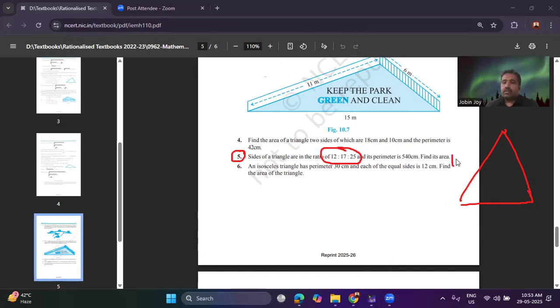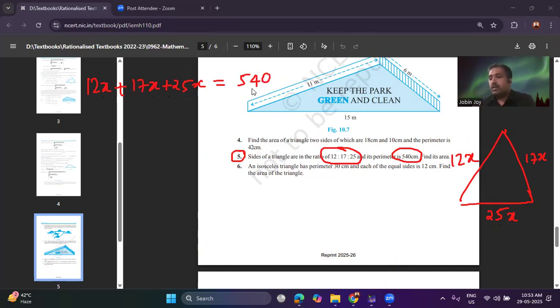Okay, the ratio is given, 12, 17, 25. So the step is we put this as 12x, this as 17x, this as 25x, and the perimeter is given. So 12x plus 17x plus 25x will be equal to perimeter 540.